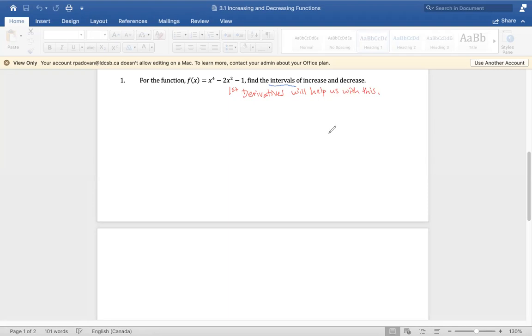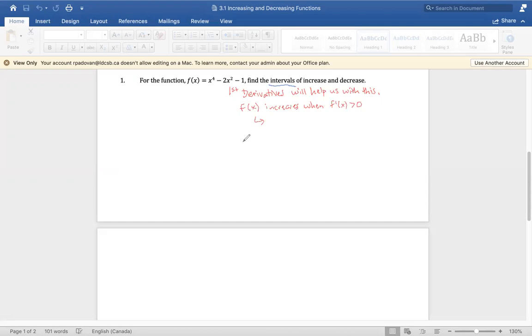So if we go back up to looking above here, we know that the function increases when the derivative is greater than 0, right? So what we have to do is set the derivative to be greater than 0 as an inequality.